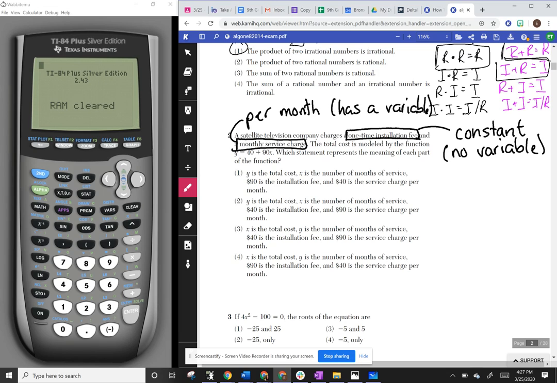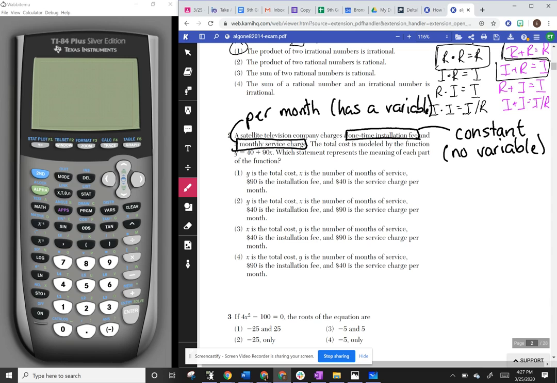So y is the total cost. x is the number of months of service. 90 is the installation fee. And 40 is the service charge per month. So we already matched the per month with the service charge with the variable, right?